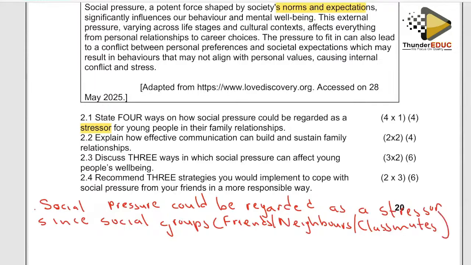So since social groups, friends, neighbors, classmates may pressurize young people, I'm going to outline the various ways.